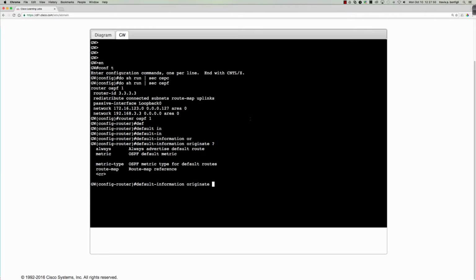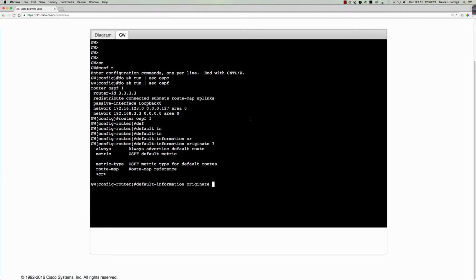Keep in mind that the always option means if for whatever reason that interface, that network that we're using for the default, were to go away, the always argument ensures that the default route is going to continue to be advertised even if there's no default route, even if we're not going to anything.